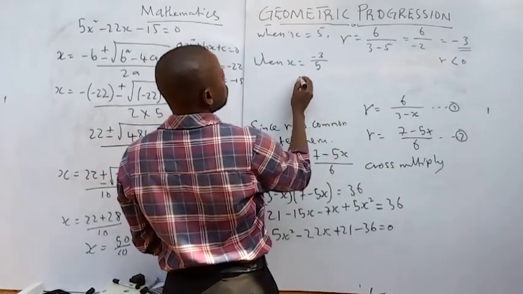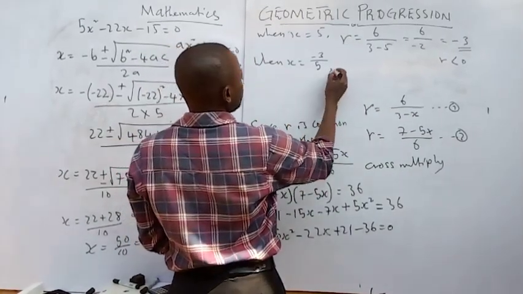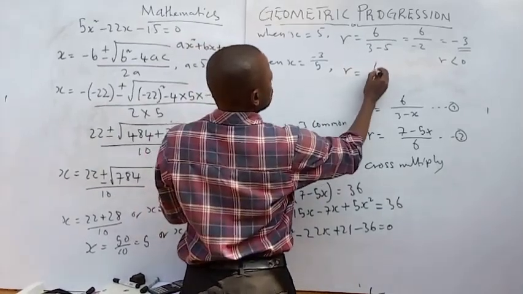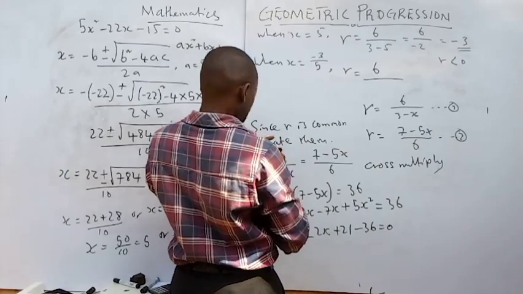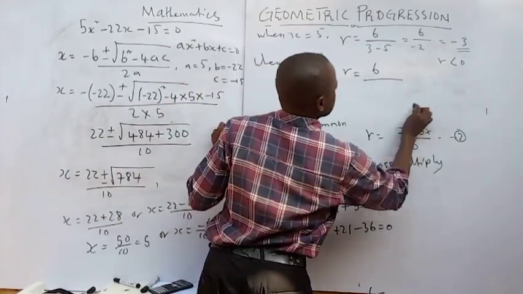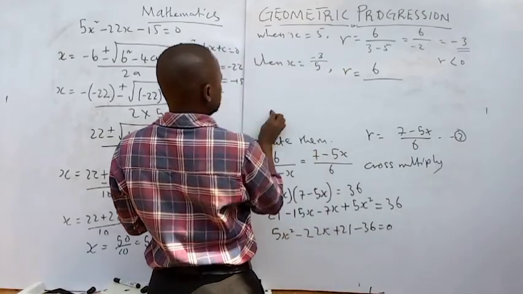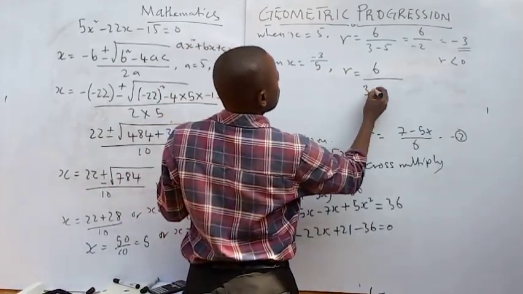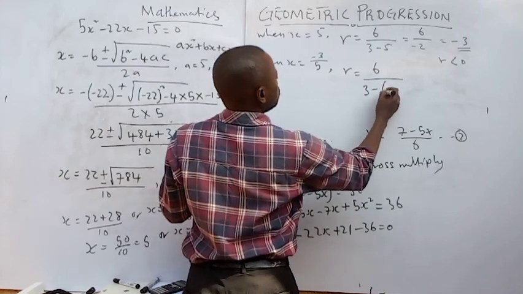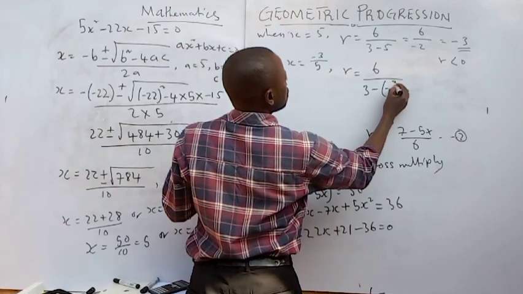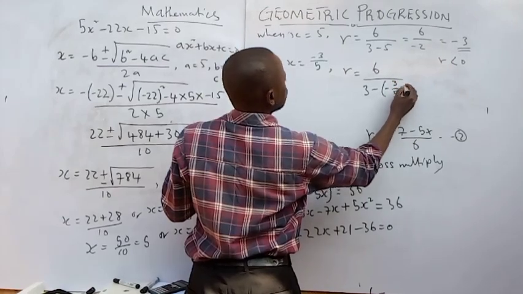So what we are going to have is r equals 6 over 3 minus, then you put what this x is, minus 3 over 5.